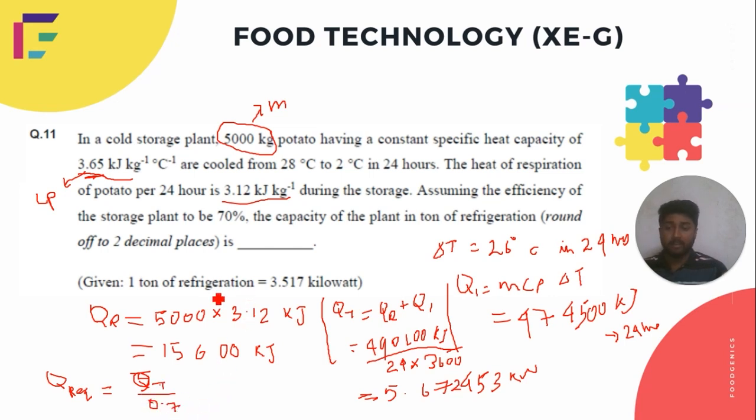It is already in kilowatt, so after converting into ton, we get a final answer of 2.304 ton. It is given that up to 2 decimal places, so we can write the answer as 2.30. This is our final answer.